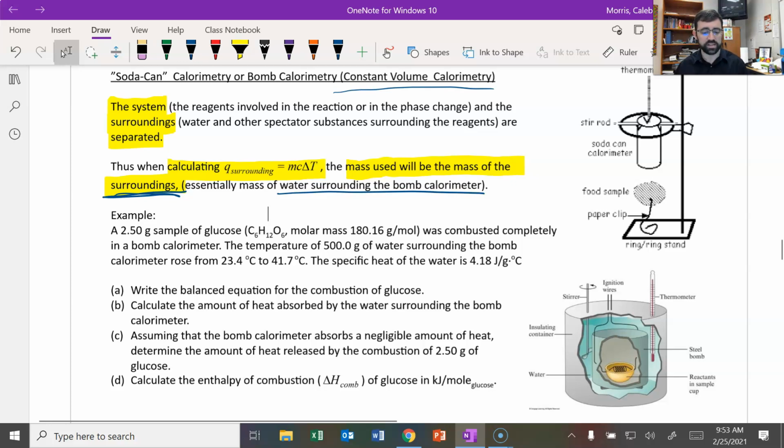It's the same basic concept, except it's a lot more scientific. We've got this sealed container which does not change volume, and it's kept separate from the water inside the bomb calorimeter. So we have a closed container that we burn something in, and the heat is transferred from the container to the water that's surrounding it. So we're measuring the temperature of the surroundings. The mass of the surroundings in the equation is just the mass of the water that's outside of the bomb calorimeter. We've got an example next.